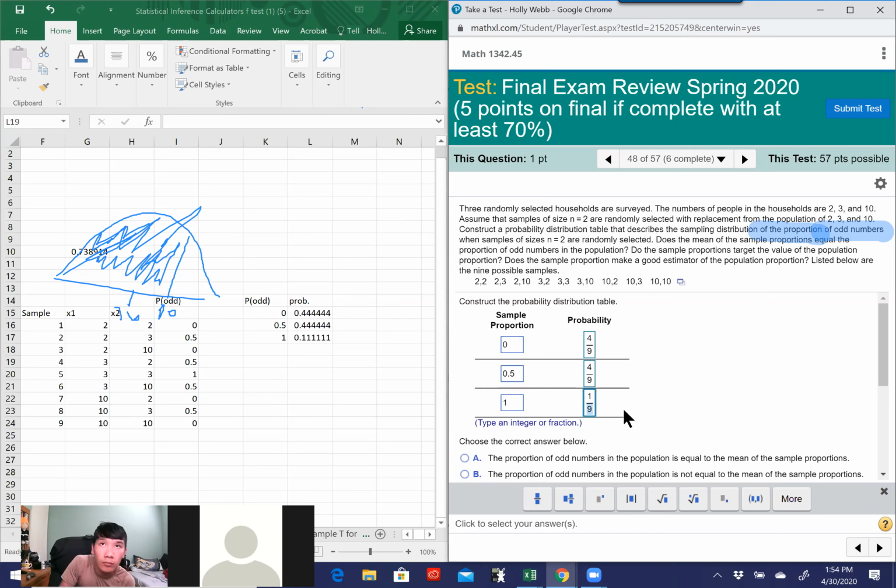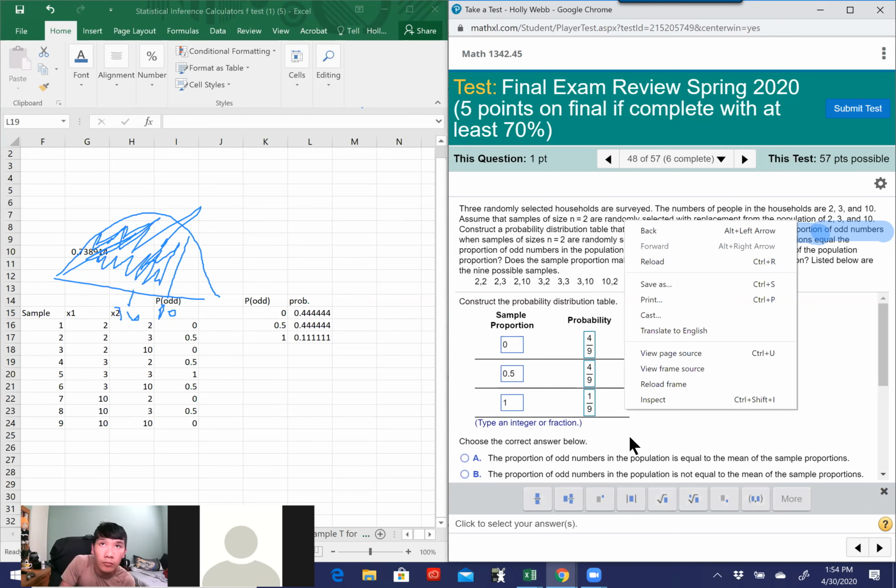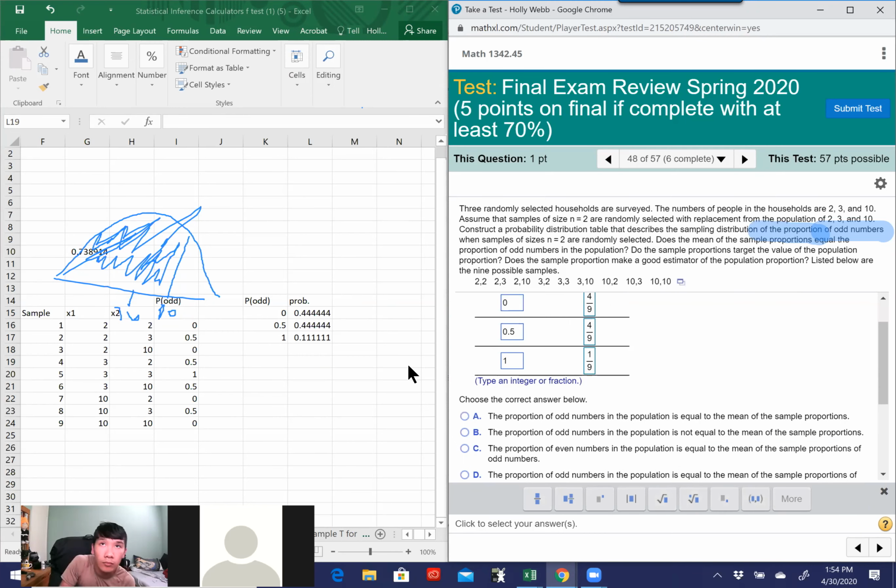Okay, so there's my probability distribution. And now let's find the mean of it so that we can compare the mean of my probability distribution with my population proportion of 1/3. So I'm going to do my proportion of odd times my probability, and just do that here and pull it down.